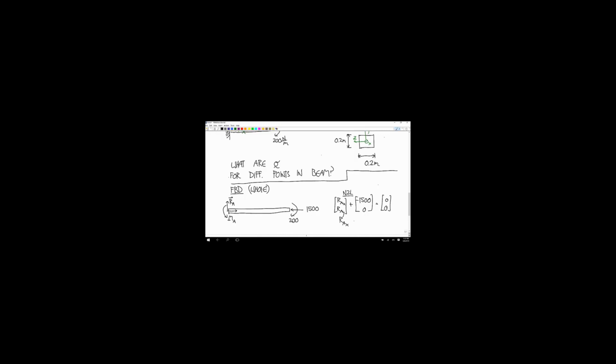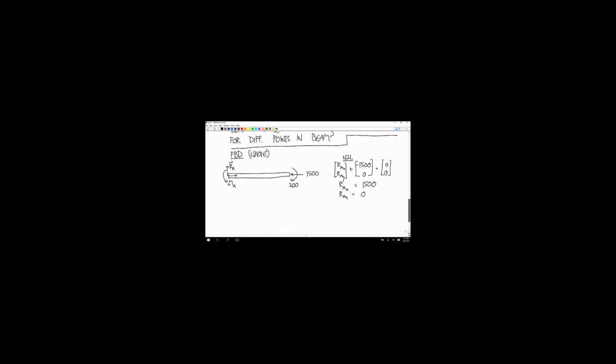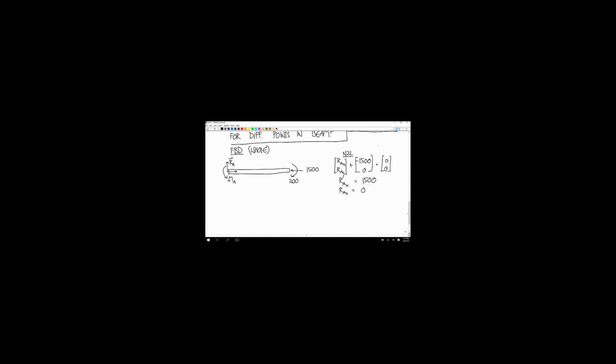So RAX is 1500, RAY is 0. And then we only need the moment equation about the z-axis. Since everything here is a couple, it doesn't matter what the about point is. So we have MA minus 200 is equal to 0. So MA is equal to positive 200.